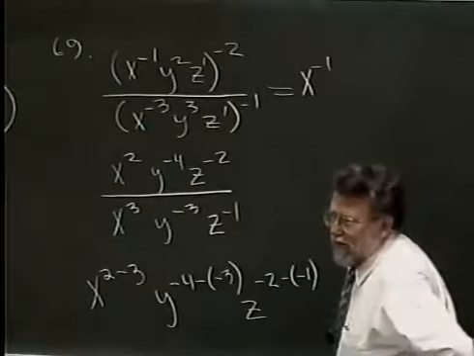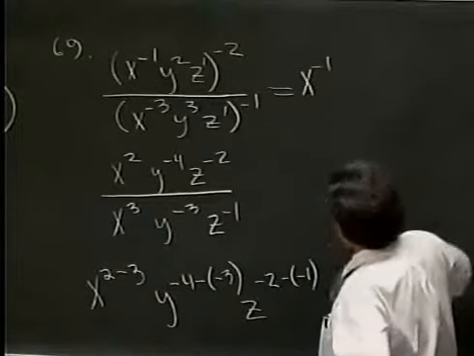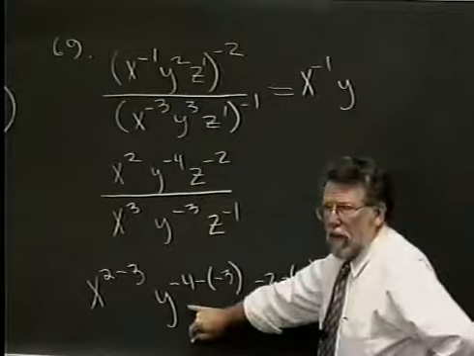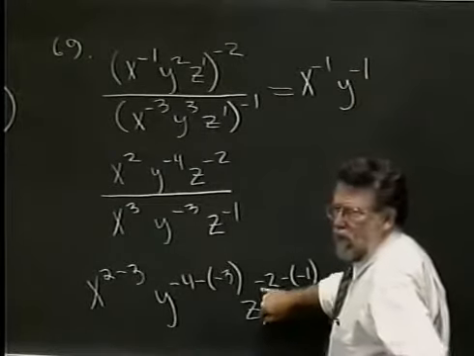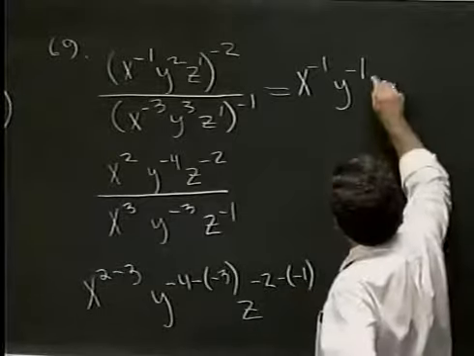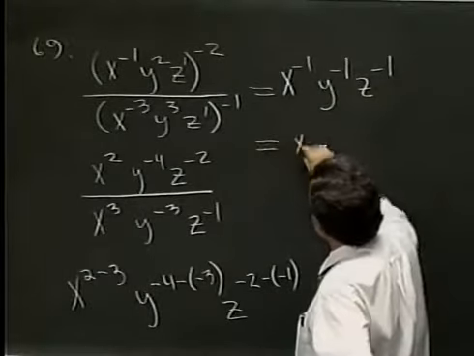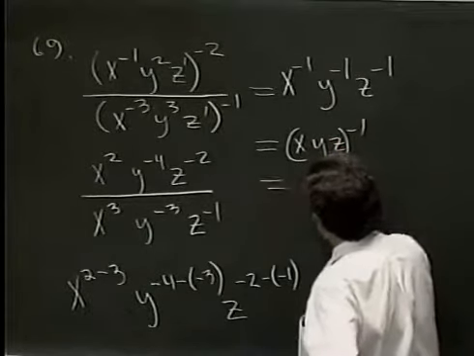Of course, that can't stay. I think you're supposed to have it with what, ultimately? Positive exponents. But for the moment, that's x to the minus 1. Y to the negative 4 plus 3, which is negative 1. Z to the negative 1 plus 1, which is z to the negative 1. And understand that that in essence is x, y, z to the negative 1, which is 1 over x, y, z.